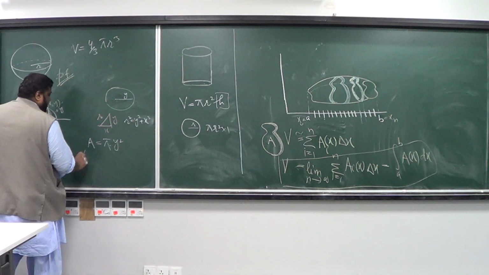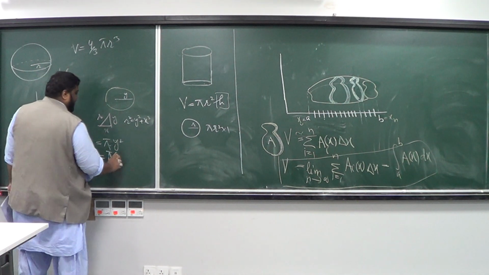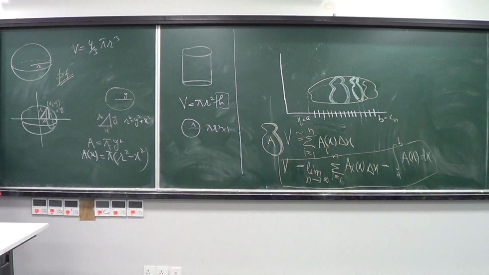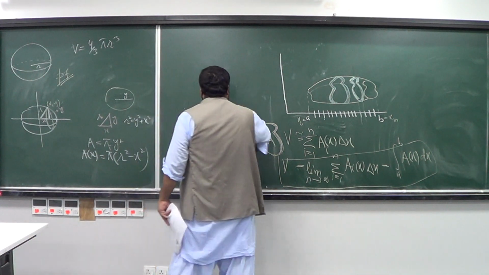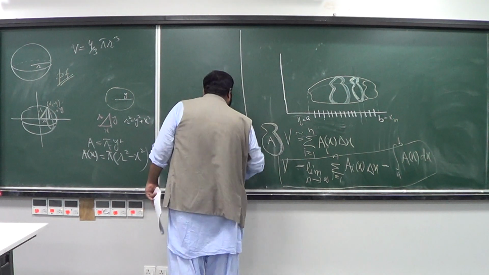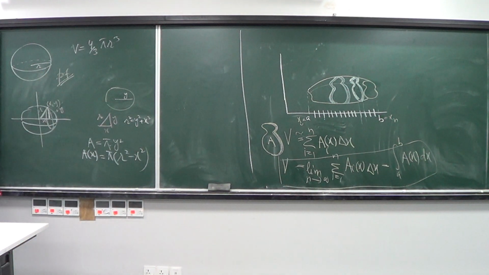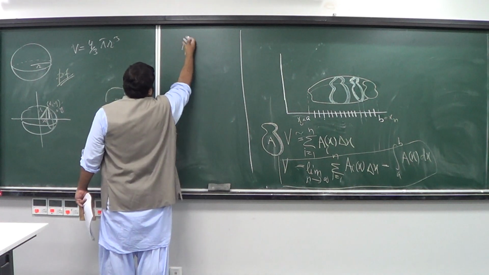That means the area as a function of x is pi multiplied by r square minus x square. And once you have the formula for the cross section, then the volume of this object can be computed using this formula.